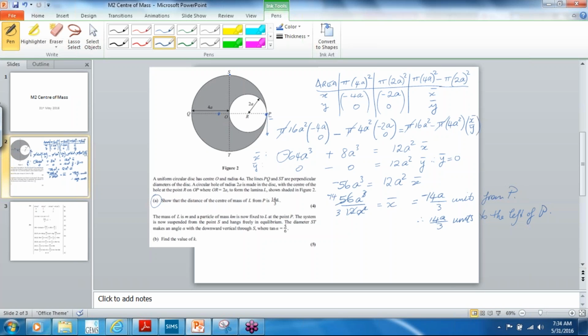The system is now suspended from the point S. So we're going to suspend it from this point here and let it hang freely.